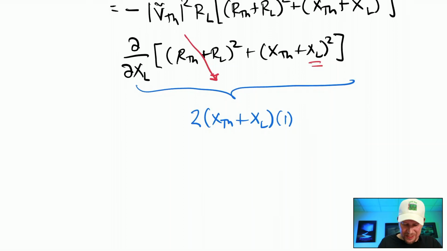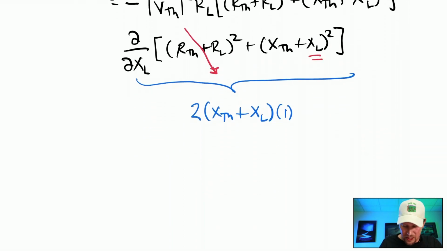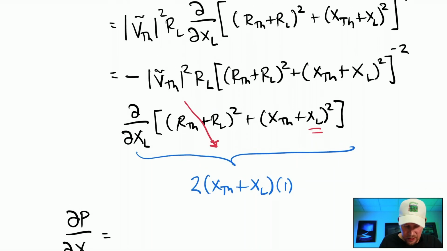So let's clean up this huge thing. It's a horrible thing, but the partial derivative of the power with respect to the reactance, and let's keep track of these terms very carefully.